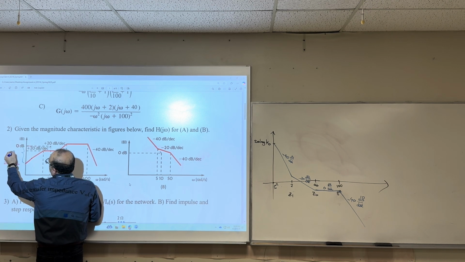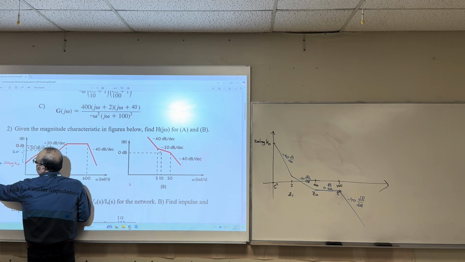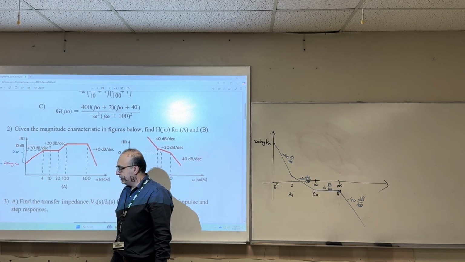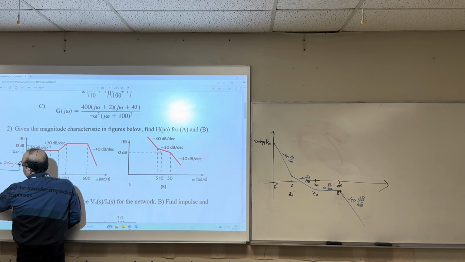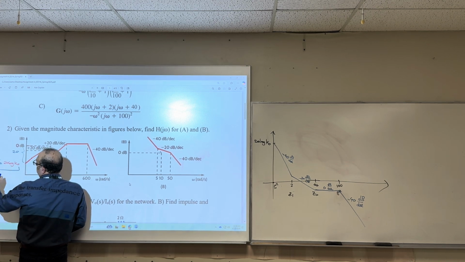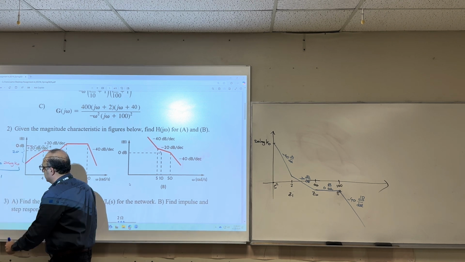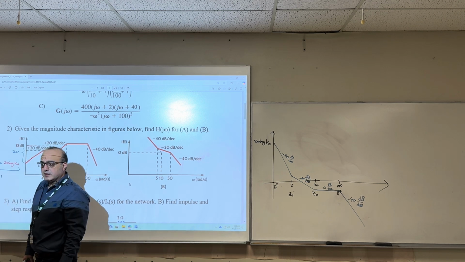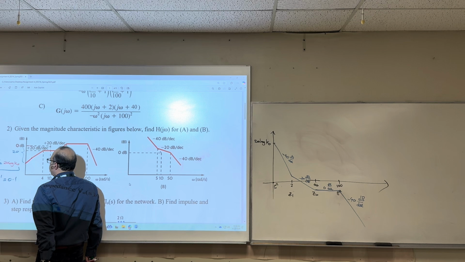It's going to be 20. Then the value here is how much? Negative 20 dB. So from here, K0 is going to be, we divide everything by 20, 10 to the power of minus 1. I said K0 is 0.1. Agree?